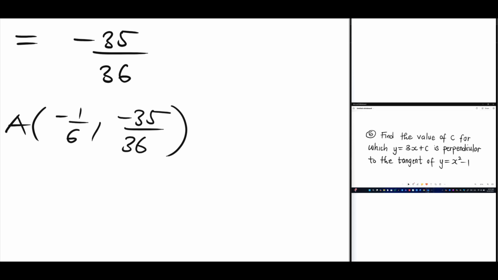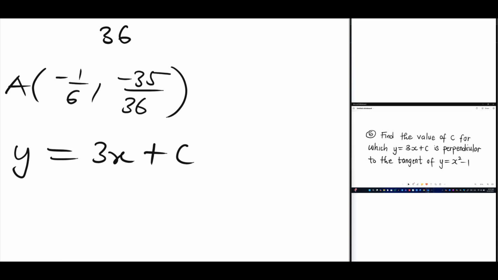Now we have to find the value of c in this particular line. Since we have obtained the coordinates of the point where the line y is equal to 3x plus c meets the tangent of the curve, point A is the point of intersection, so its coordinates satisfy this equation as well.